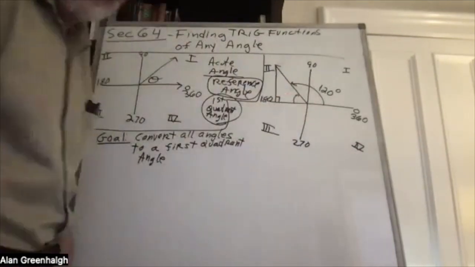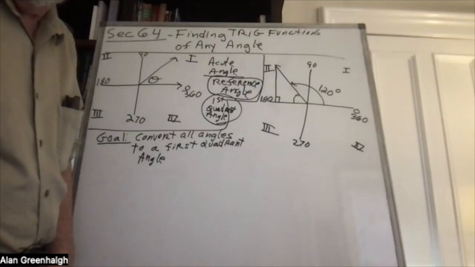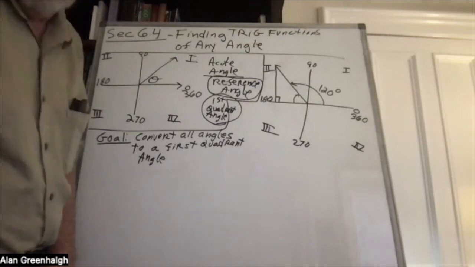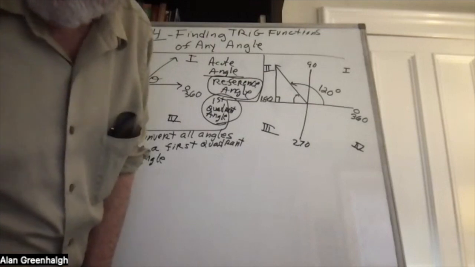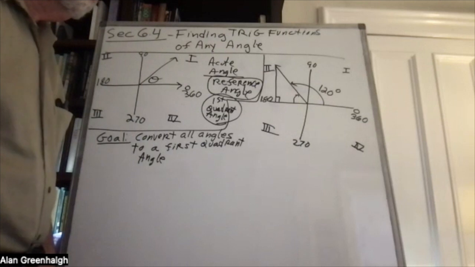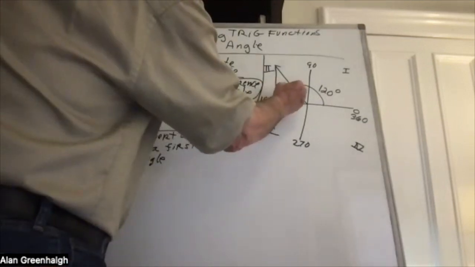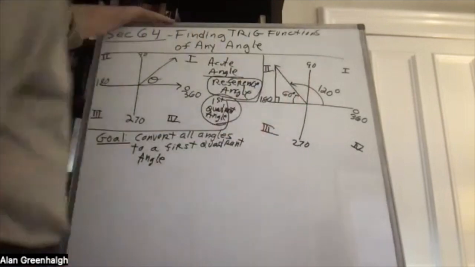How much is that angle? 60. Who said it? Josh. How'd you know that? 180 minus 120. Very good. This is a 60-degree angle.